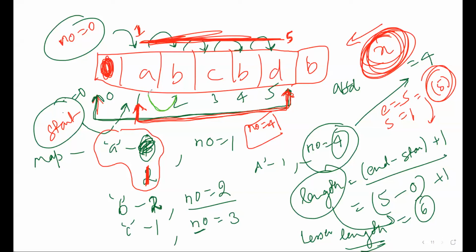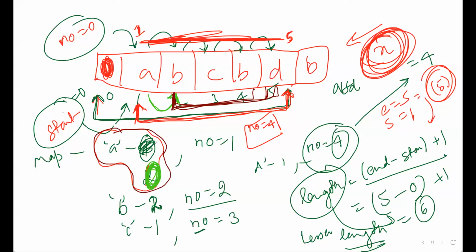In the next step, if I update my start point again, what is happening? The frequency of this character is becoming 0. And I can also see that if you choose a range, let me take this, from index 2 to index 5, there is no A. There is only B, C, B, and D. No A is present, so this frequency is becoming 0.